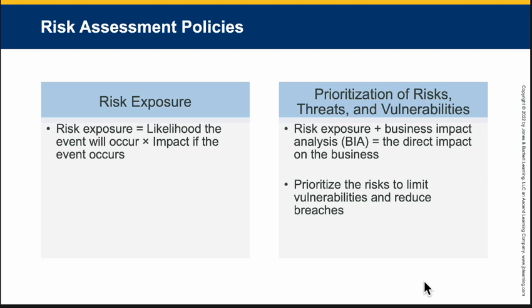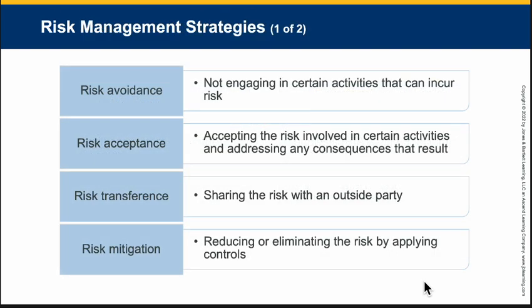Risk management strategy: you have risk avoidance, acceptance, transfer, and mitigation. So not engaging in a certain activity that can cause risk, for example, not involving information security; accepting risk, sharing risk, and also reducing it.